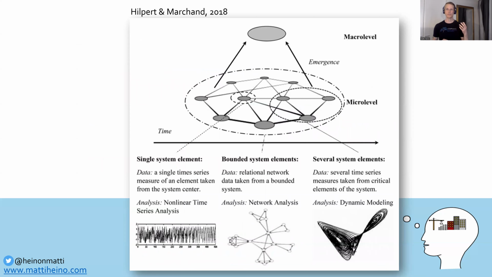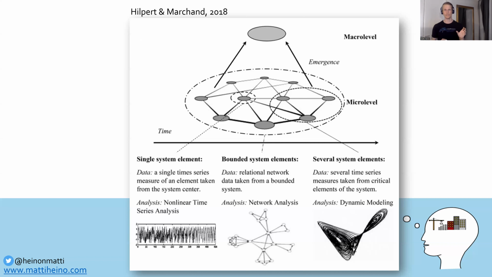So here are some methods for approaching these complex systems. On the left, you have the single system element. If you're looking at a single element of a system, then you might collect a single time series of that element that is somehow crucially involved in the behavior of the system, and you do an analysis method called nonlinear time series analysis.